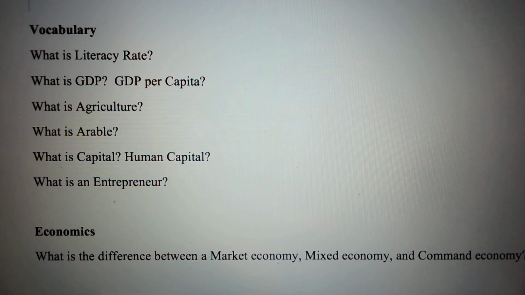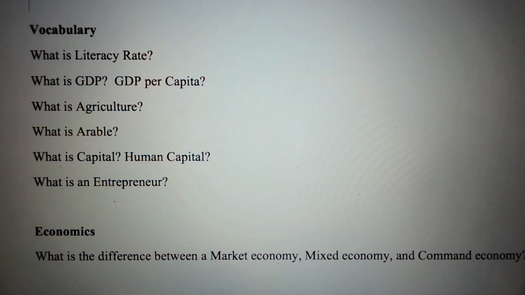But when we say GDP per capita, we take the GDP and divide it by the number of people in the United States. Whatever that answer is, that's the average amount of money that a person in the United States makes in a year. Okay?